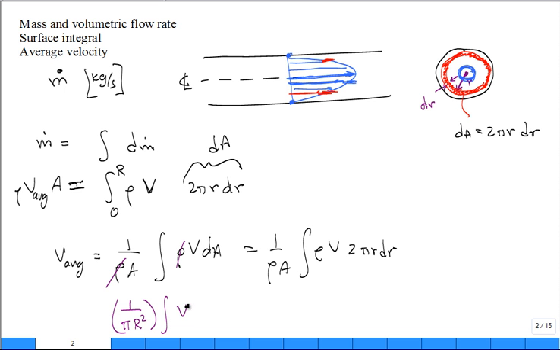Integral v dA, or 1 over pi r squared, integral v 2 pi r dr. You have to get that velocity as a function of r. So this is the equation for the average velocity.